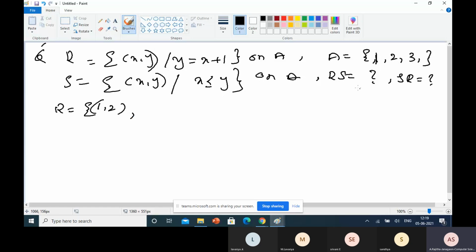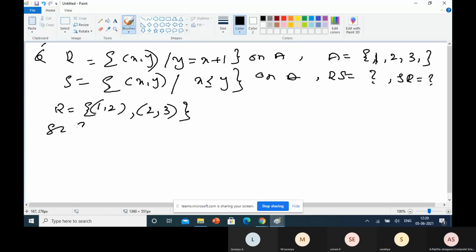And 2, suppose you can take 2. Next one is 3. One more is also there: x equal to 1 gives 2, then x equal to 2 gives 3, and if it is 3, it is 4, which we close.